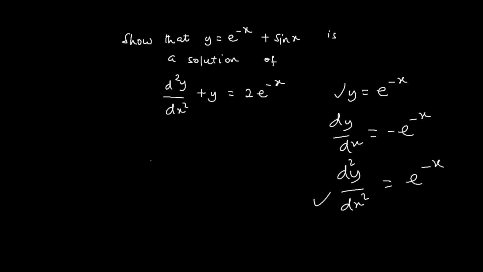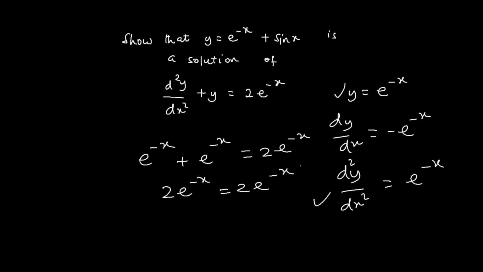So when I do this, I'll have e to the power minus x, plus y, which is e to the power minus x, and this will be equal to 2 e to the power minus x. So we are going to further simplify this. This will give 2 e to the power minus x equals 2 e to the power minus x. So we therefore have the left hand side equal to the right hand side.